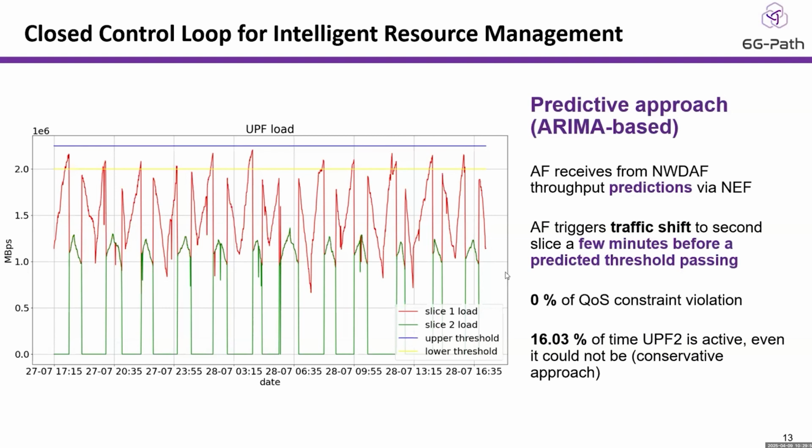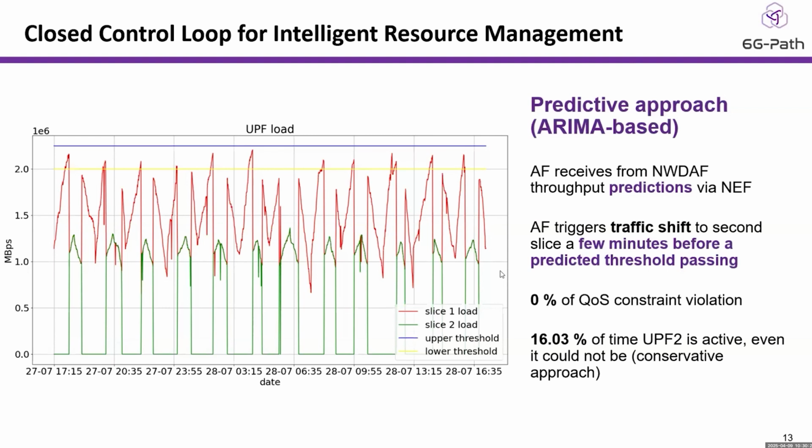You can see that with this predictive approach, we have a 0% QoS constraint violation. The global traffic over each UPF never goes beyond the upper threshold. And because of this conservative approach, there is a prediction, so we try to act slightly earlier than when an actual QoS constraint violation happens.